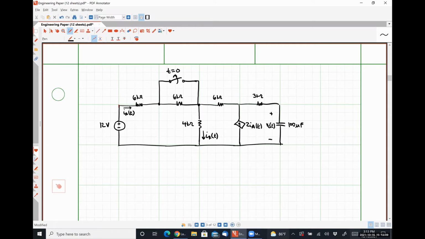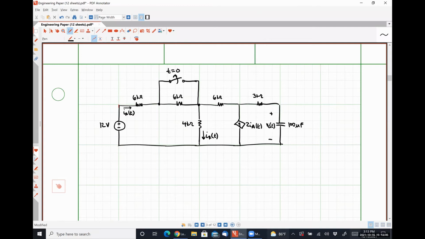What does this switch do? Yeah, it just puts the resistor in or out. But it's still causing a change in the circuit, which means this is a transient analysis problem. Transient analysis is all about things changing from a DC steady state condition over time to another DC steady state condition. So moving a resistor into or out of a circuit by short circuiting it or open circuiting it here is absolutely cause for a transient condition, even though it has nothing to do with moving a source into or out of the circuit. Okay.